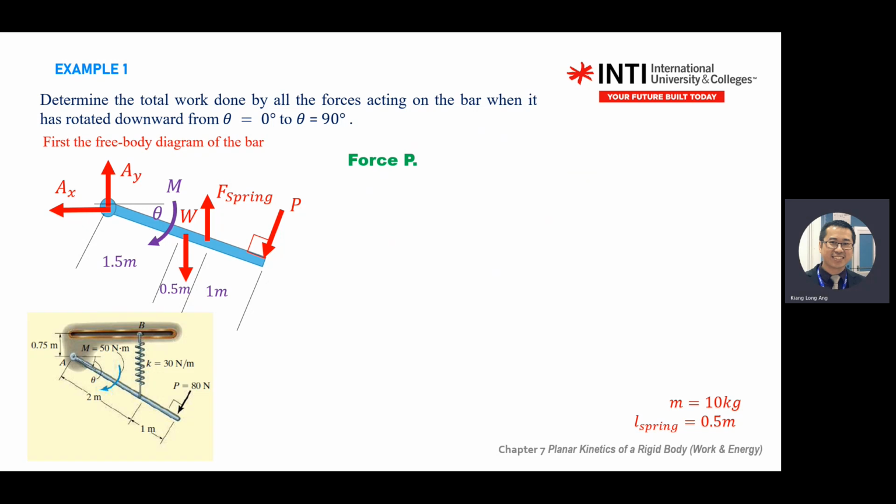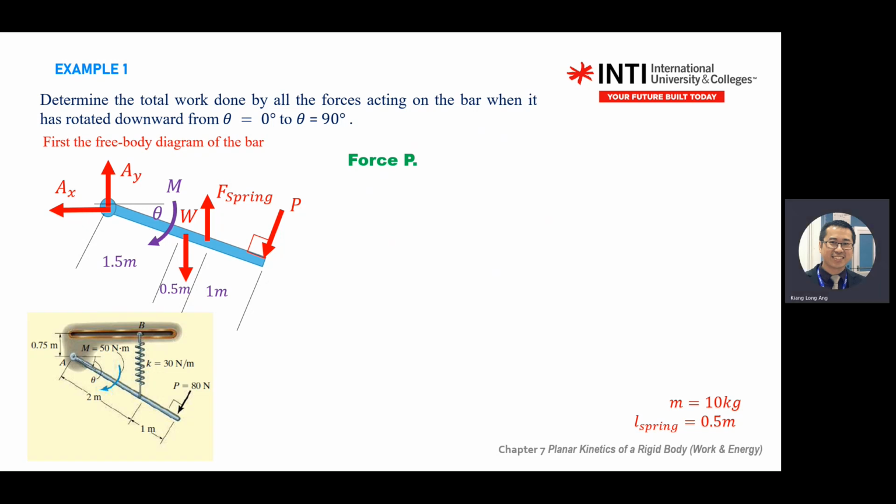What about force P? Point P. How far has P traveled from 0 to 90 degree? How far does it travel? 3? No, not 3. 3 is what? 3 is the radius.